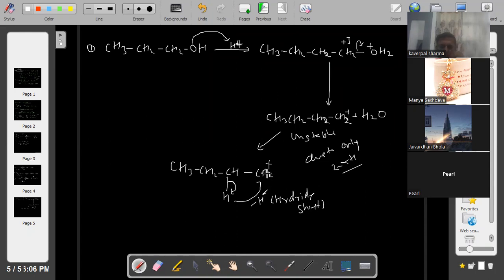In hydride shift, it will come here and we will get CH3CH2CH+CH3. This is a stable carbocation, stable carbocation.